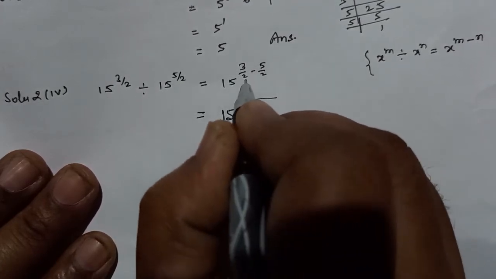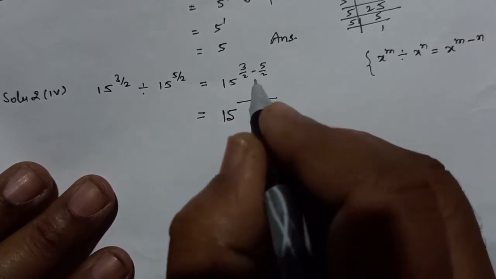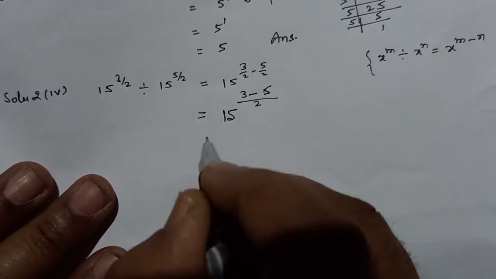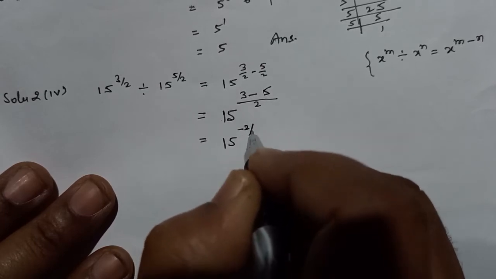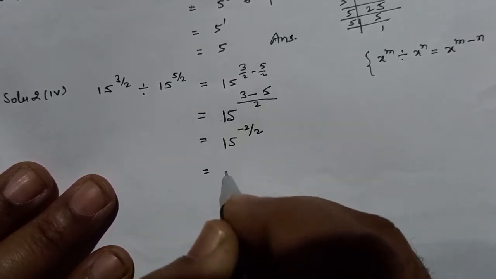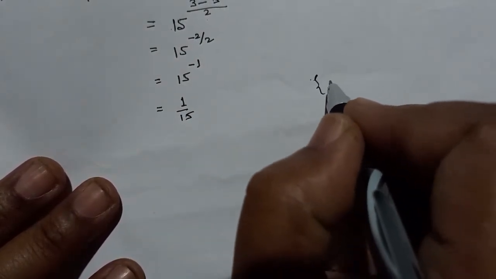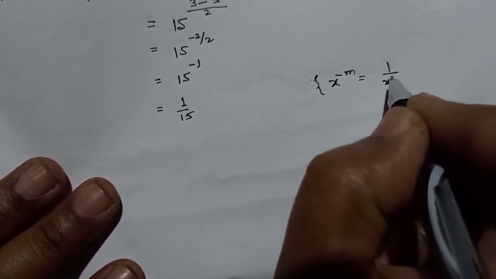Denominators are same, so write one time and numerator write as it is. 3 minus 5 is minus 2 upon 2. 2 cancel, 15 to the power minus 1, that is 1 upon 15, using formula x to the power minus m is equal to 1 upon x to the power m.